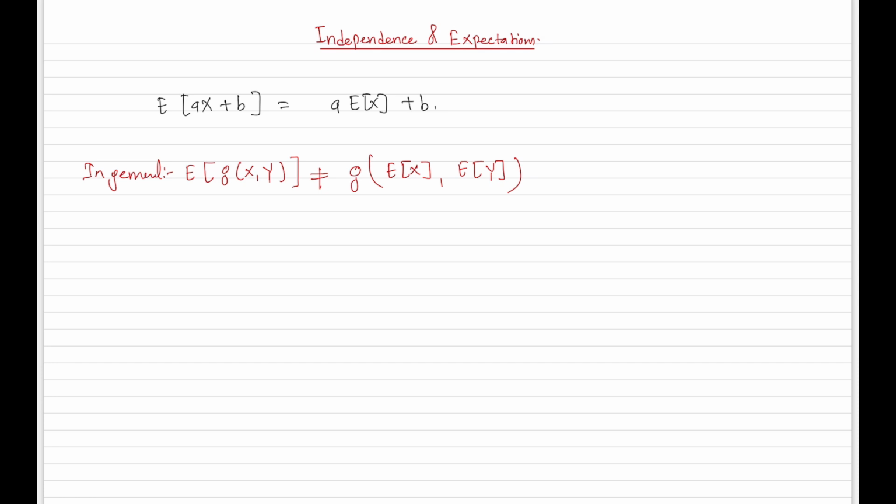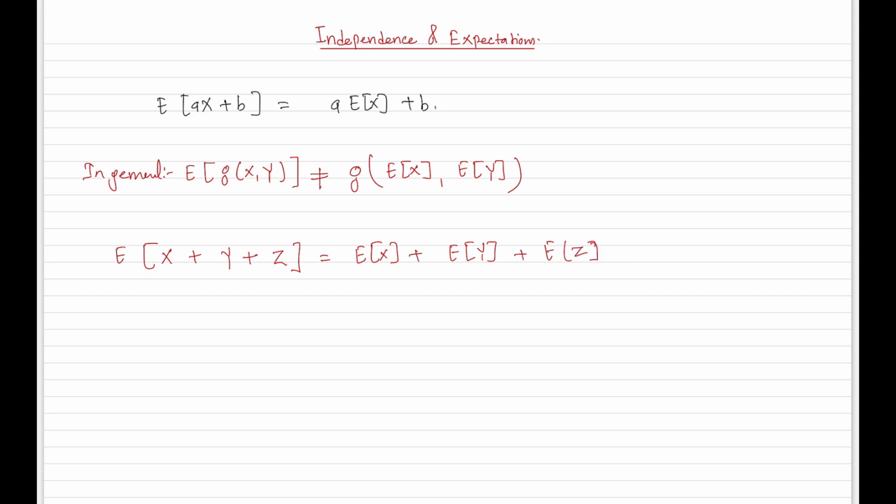In case of more than one random variable, we have seen one more linearity property. Let's say we have random variables x, y and z, and we want to find the expectation of the sum of these random variables. That would be equal to the expected value of x plus the expected value of y plus the expected value of z.